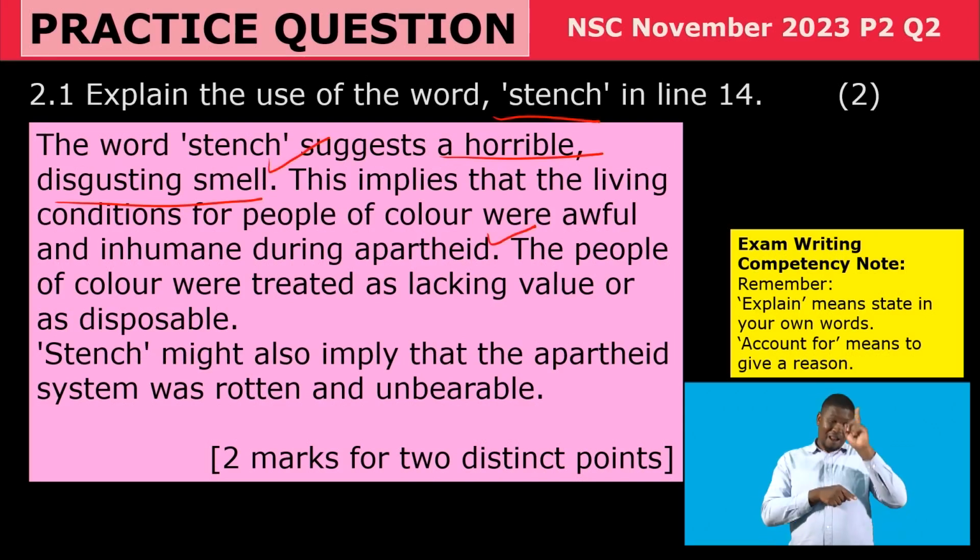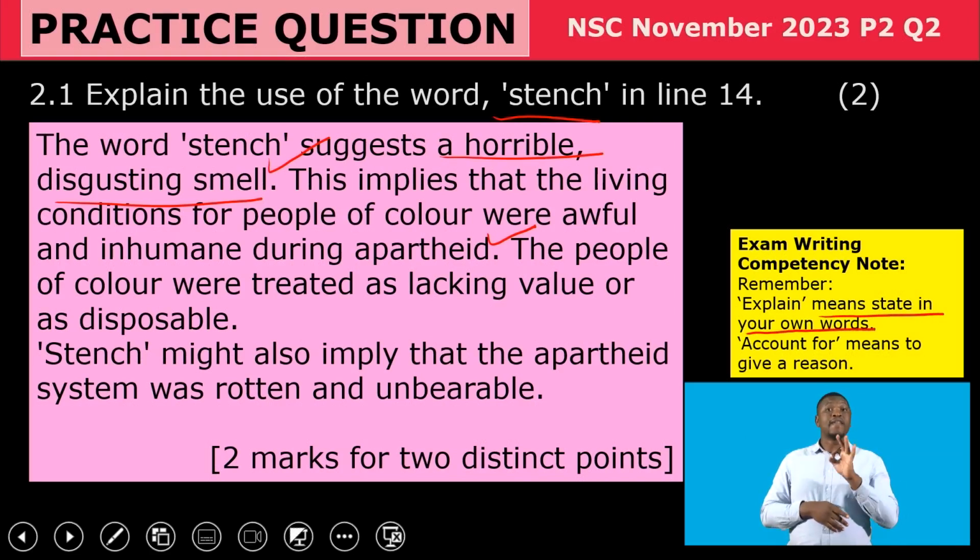The people of color were treated as lacking value or as disposable. If you have just written these two things down, you already would have gotten your 2 marks. Now remember, explain means to state something in your own words, whereas account for means to give a reason.